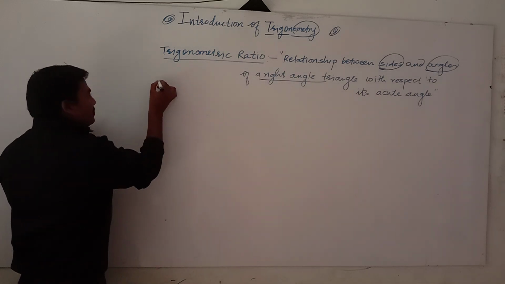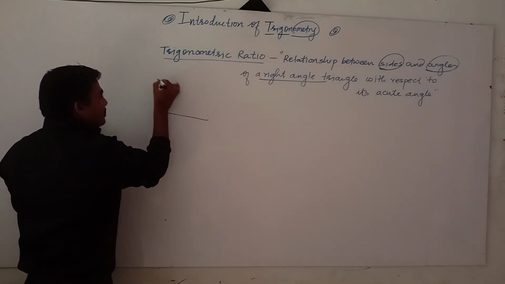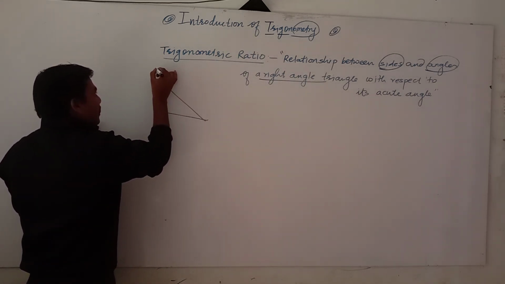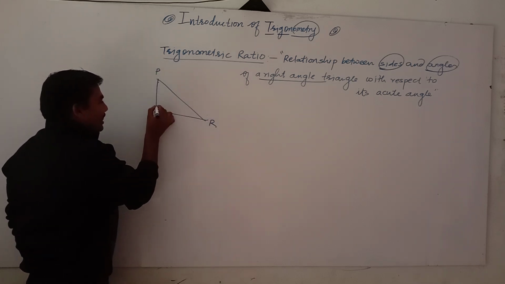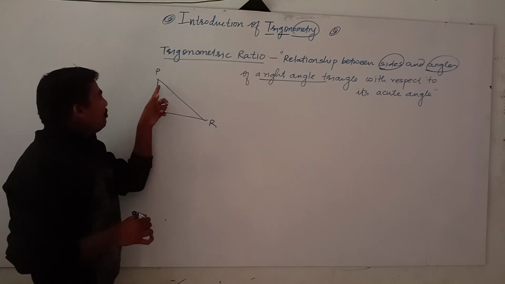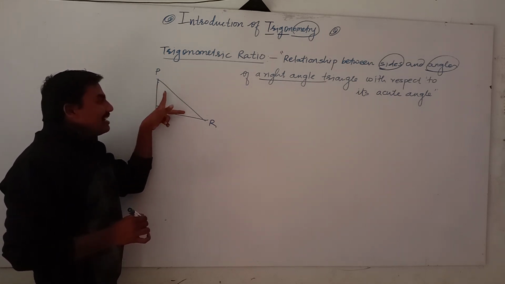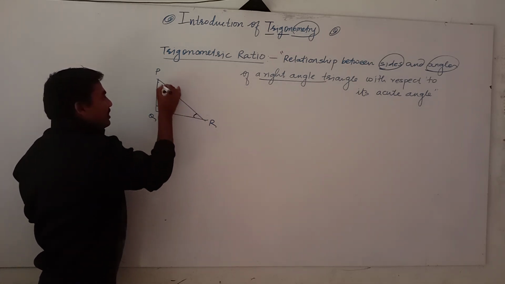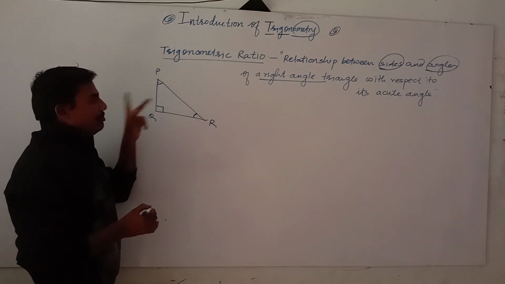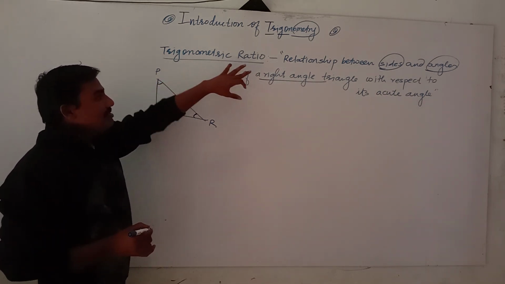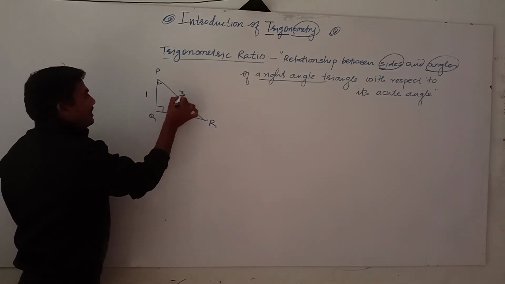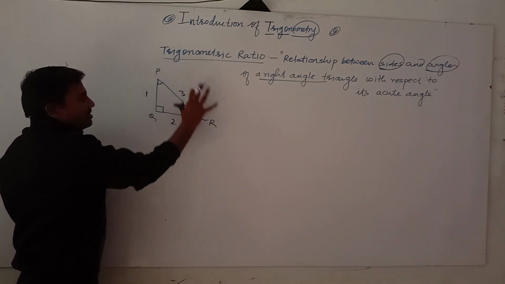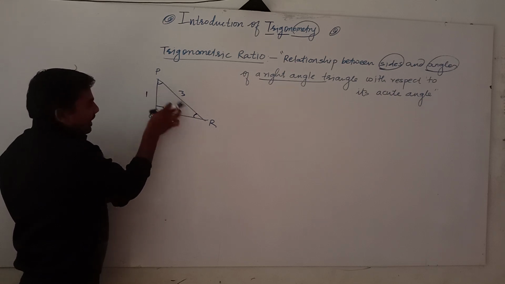Suppose we consider a right angle triangle PQR, in which P and R are the two acute angles.